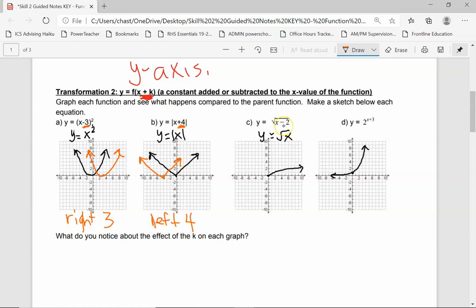So this one, if this is x minus 2, what do you predict will happen? If you said it'll go right 2, you'd have been correct. And then this one, if this says plus 3, I bet you're thinking, oh, we must have went to the left 3. So the graph would look kind of like this.